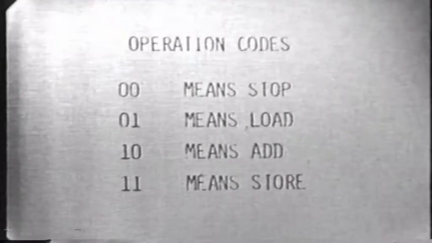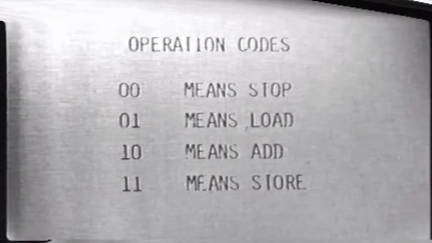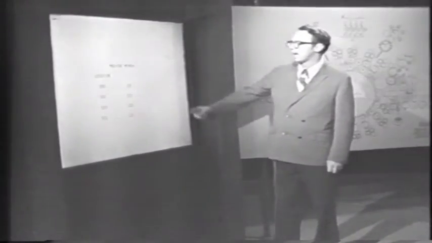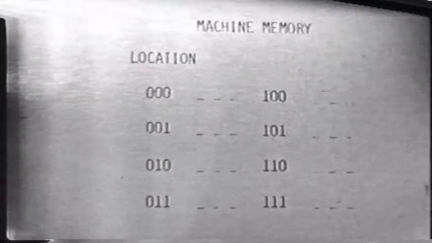And let's assume that 00 means stop, 01 means load, 10 means add, and 11 means store. Now, in addition to the opcode, let's look at the memory that we'll have reserved in our machine. Since we only reserved 3 digits for the size of a memory in our machine, we can only have 8 possible positions inside the machine.